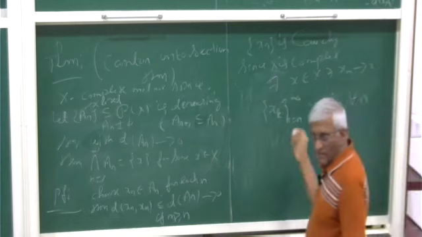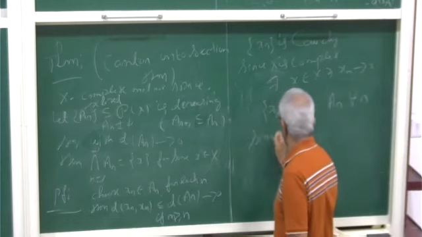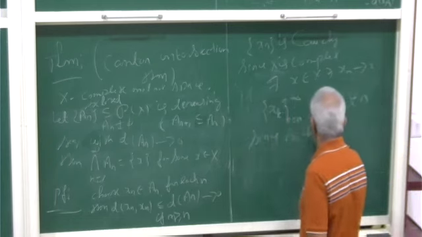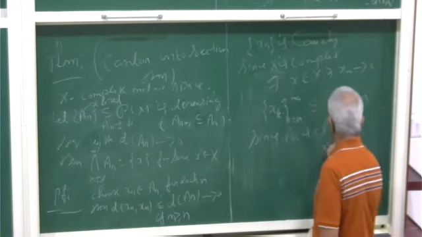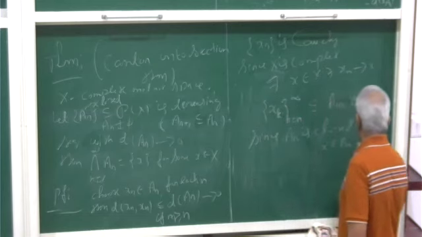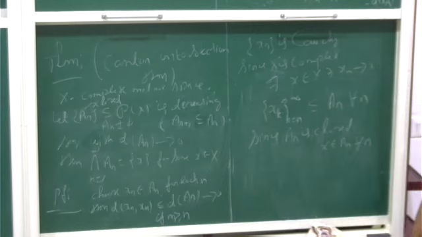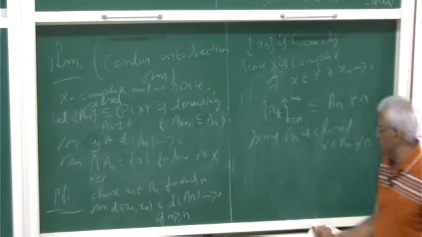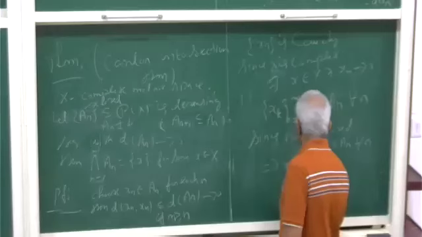But since A_n is closed, the limit x is in A_n for all n. So this implies x is in the intersection of A_n.